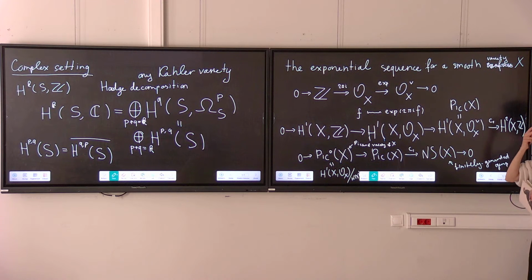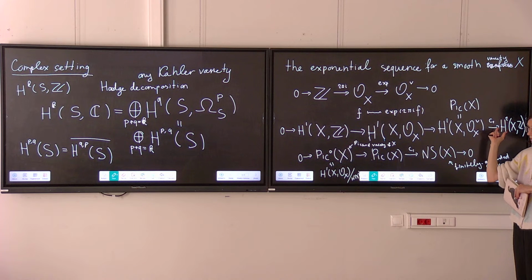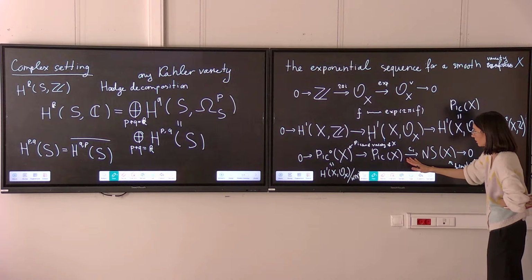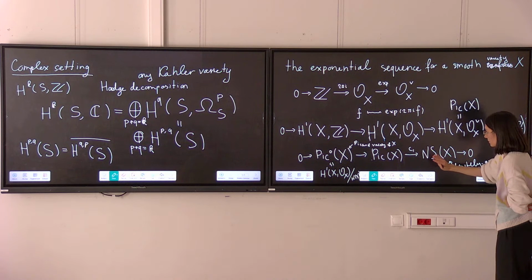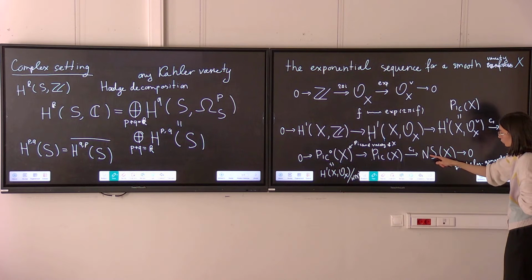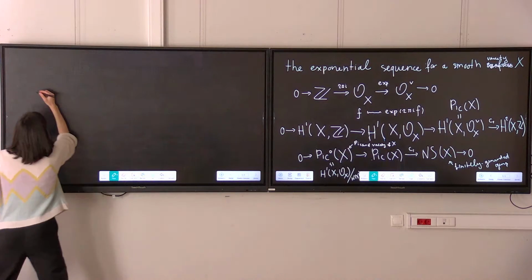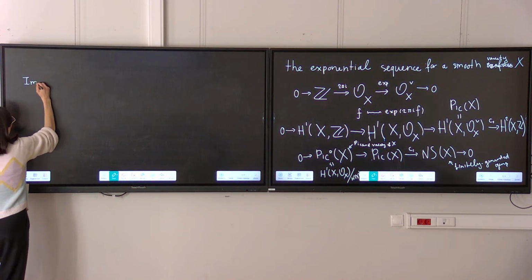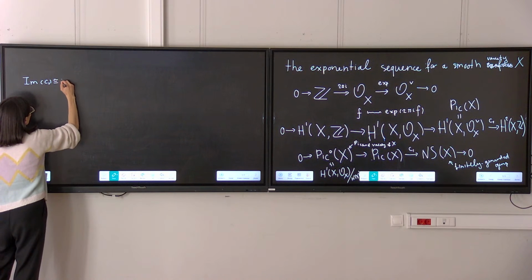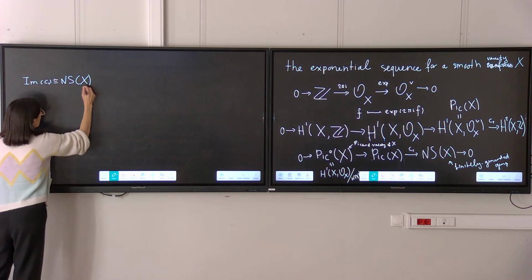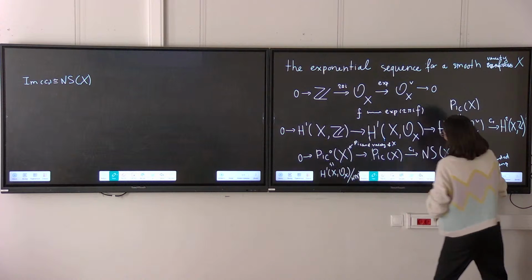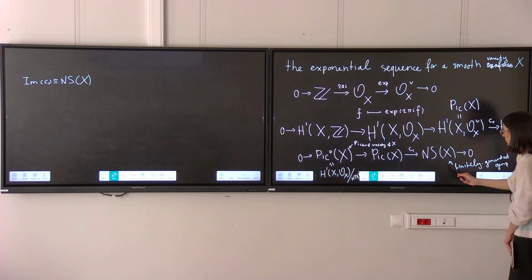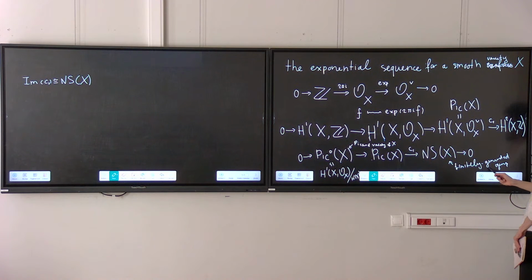But before, let me state that if we prove now that the image of the map C1 is isomorphic to the Néron-Severi group of X for any variety, then we immediately obtain that the Néron-Severi group is finitely generated, just because this is an image of C1, so this is a quotient of H^2(X,Z), and this is a finitely generated group.